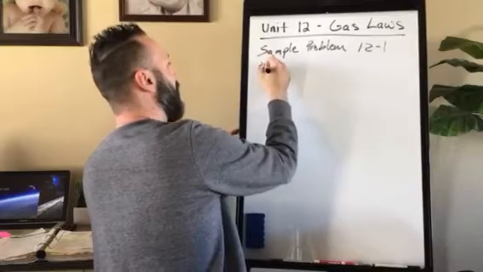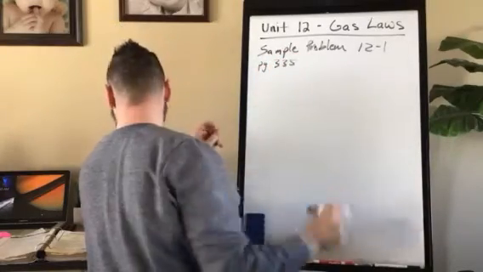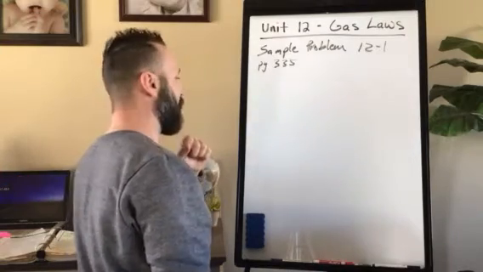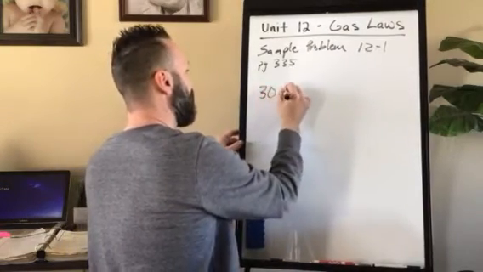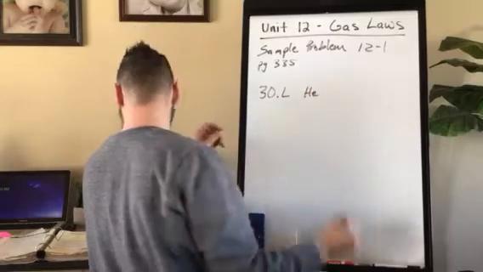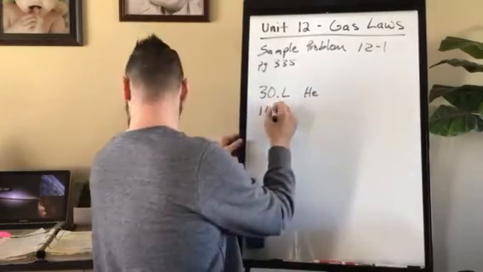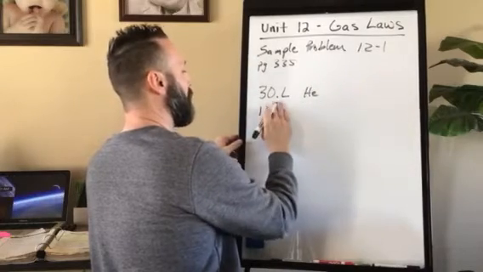It states a high altitude balloon contains 30 liters of helium gas at 103 kilopascals.